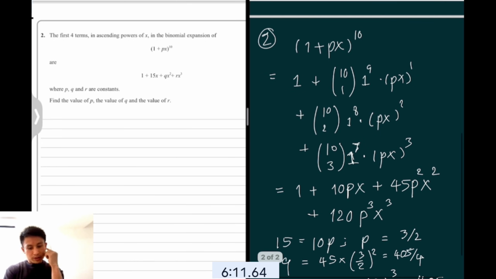I'm just going to check from the beginning. So 10C1 is 10, 10p there, and then 10C2 is 45, 45p squared, and then I think 10C3 is still 120.